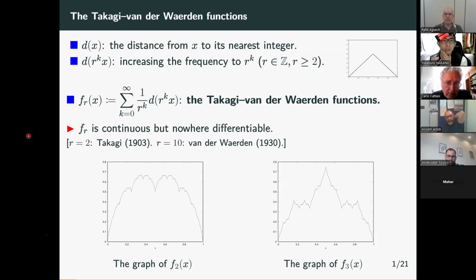No, this is not the decomposition of Rx. But D of Rkx is the fractional part of Rkx. Then we can divide it by Rk. So it's the distance from R to the power k, x to the nearest integer.